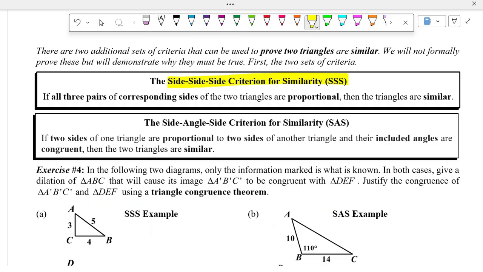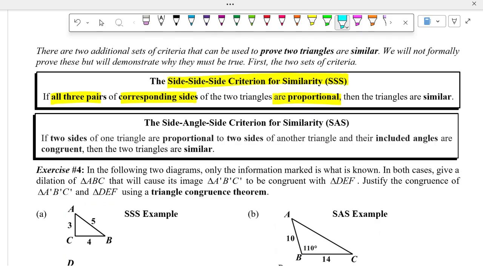But side for similar triangles means that all three pairs of corresponding sides are proportional, meaning they're the same value when you set up the proportion and simplify them. All right. So that's the difference between side for similarity and side for congruence. Congruence, all the sides are congruent. Similarity, all the sides are proportional.